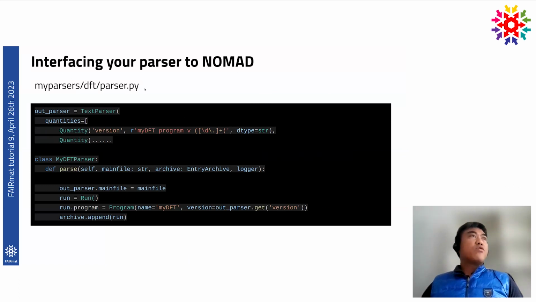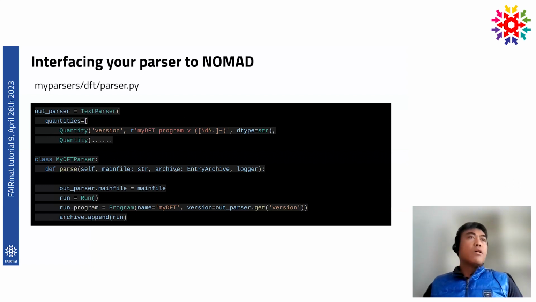The next step is to set up your parser. So how does your parser look like? You have your main file parser like this. It's a text parser instance, and you have your quantities, for example, version and other quantities. And then your actual parser is this. You should provide this function parse. This function parse should take in the path to the main file and the archive.